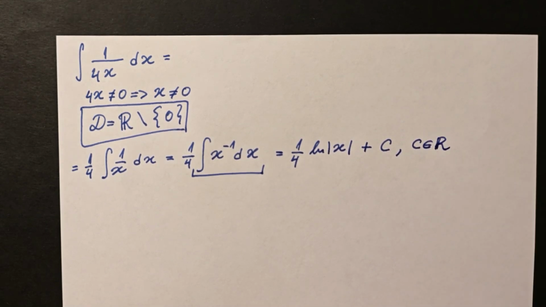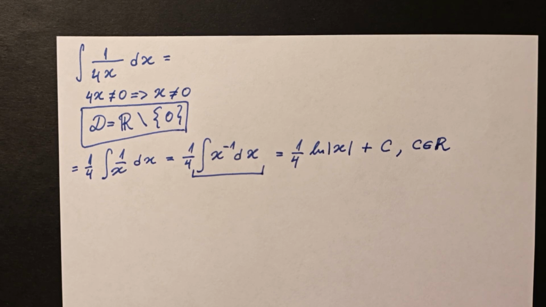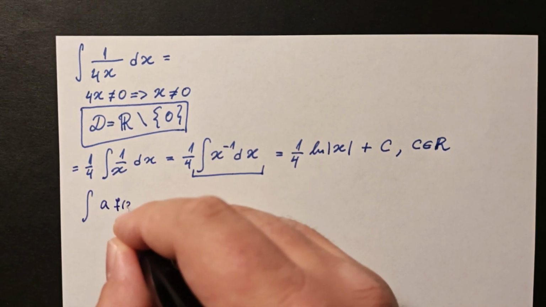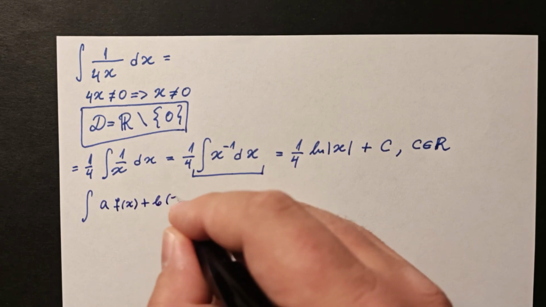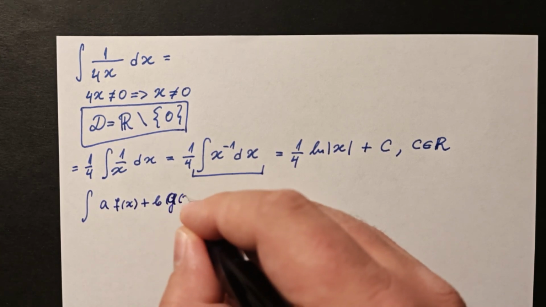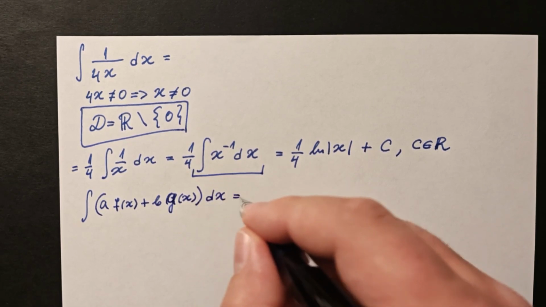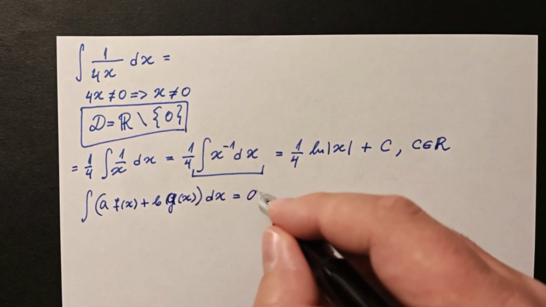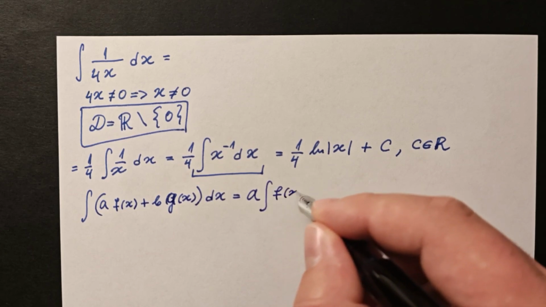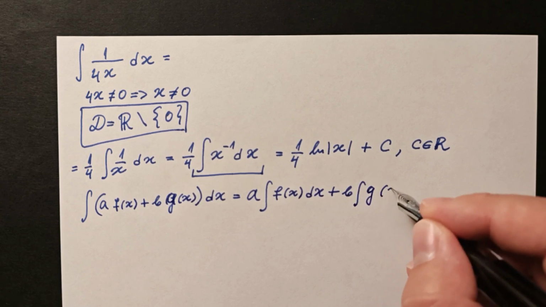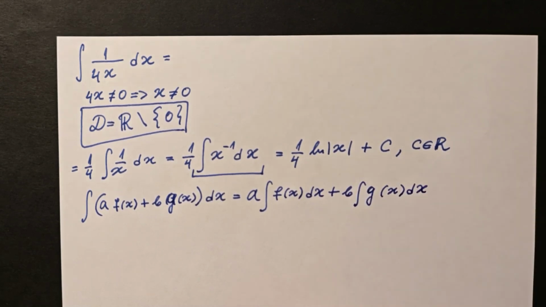A rule that I want you to keep in mind is that an integral is a linear function. So if you have an integral of a f of x plus b g of x dx, this is equal to a integral of f of x dx plus b integral of g of x dx.